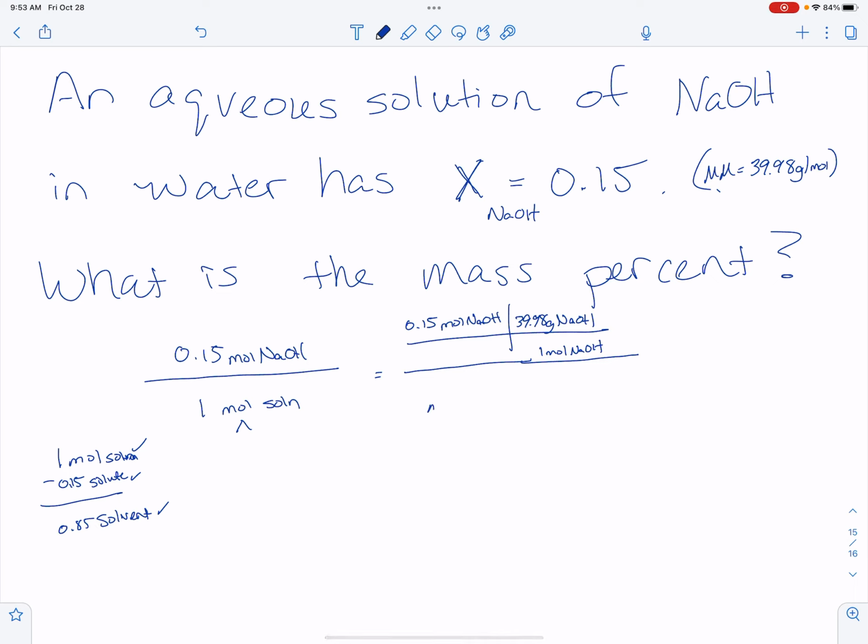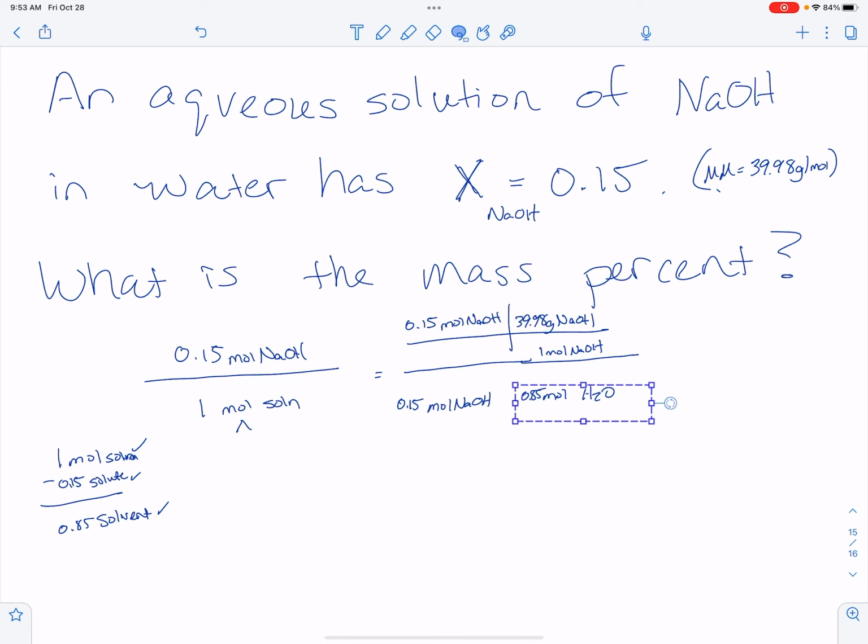So we have moles of NaOH, and we have moles of solvent, which is water, so I should just put water. And so if I have 0.15 moles of NaOH, I already know that I have 0.85 moles of water.